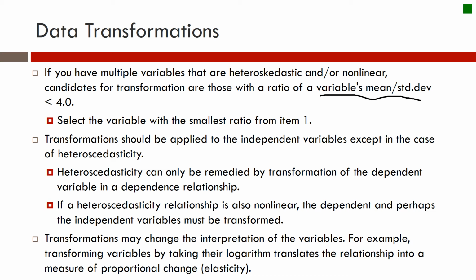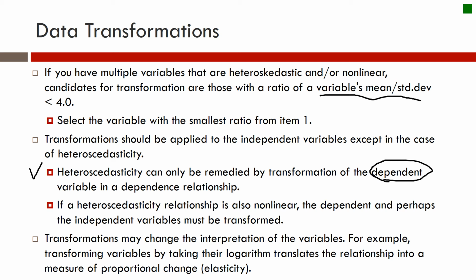One thing to remember that's actually important when we're dealing with heteroskedastic data, so again, where the variance between two variables is expanding, you want to make transformations to the dependent variable in that case.